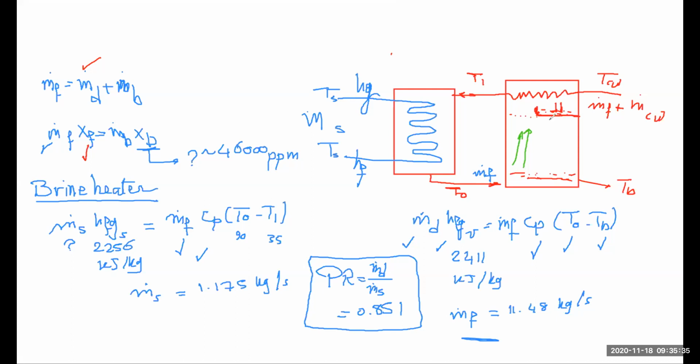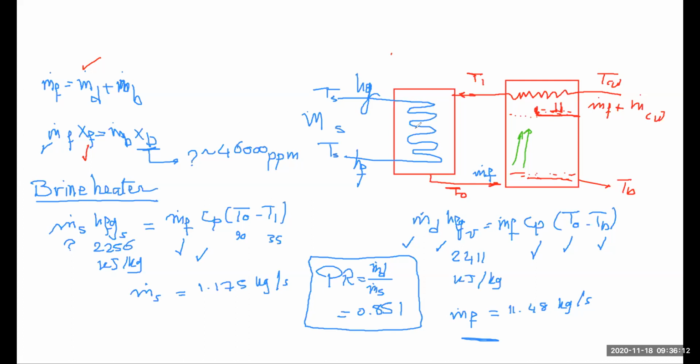The productivity for both of them is 1 kilogram per second. But here we used more steam compared to the previous one. If you remember the previous one, m dot distillate is 1 kilogram per second, so the feed is 2.5 kilogram per second. Right here, we have 1 kilogram per second and the feed is about 11.5 kilogram per second. So it's more demanding in terms of energy compared to the MED. And that's why in the MED, you normally have higher GOR or higher performance ratio compared to the MSF.